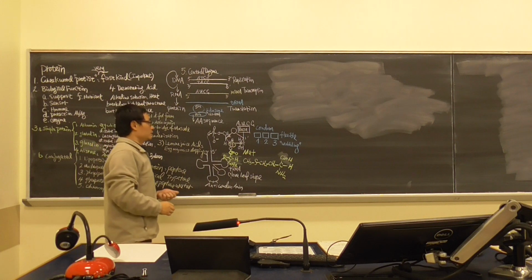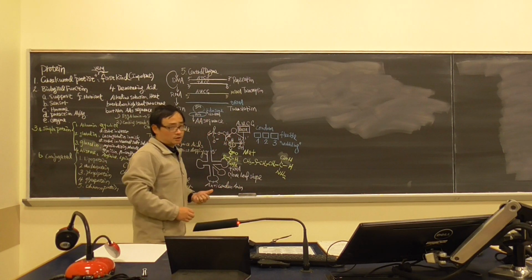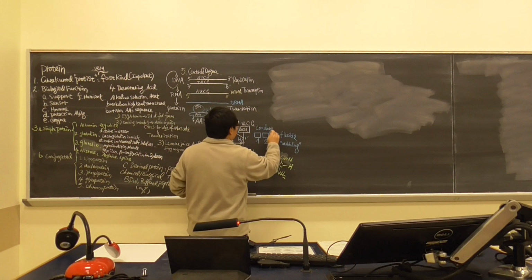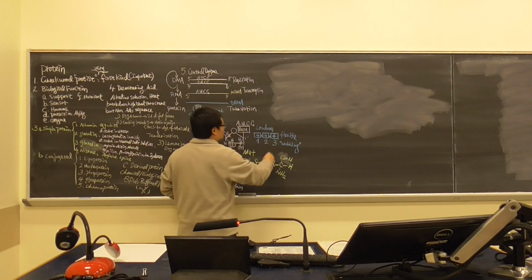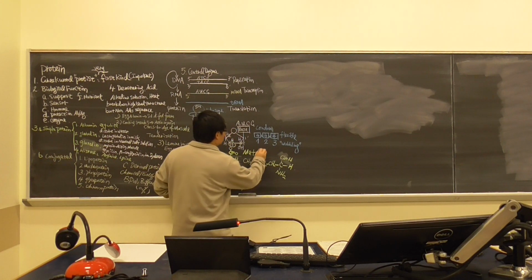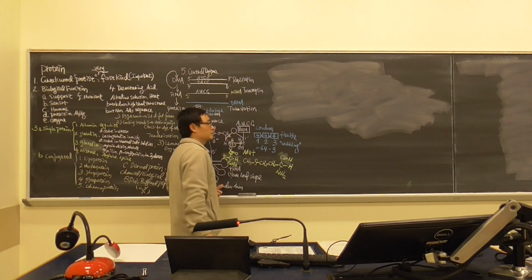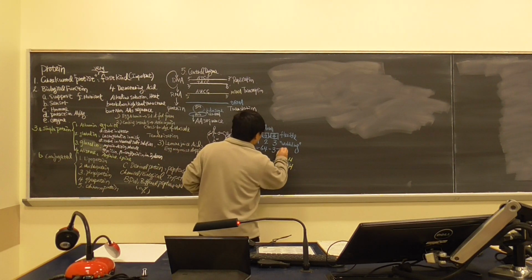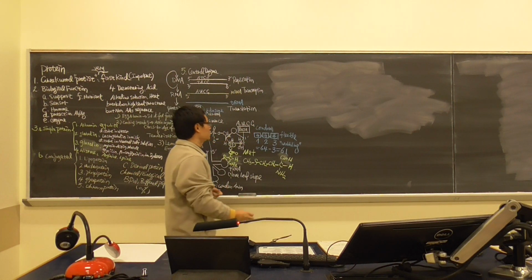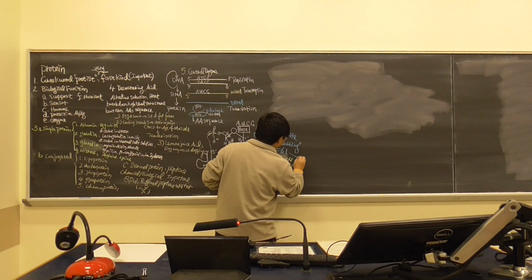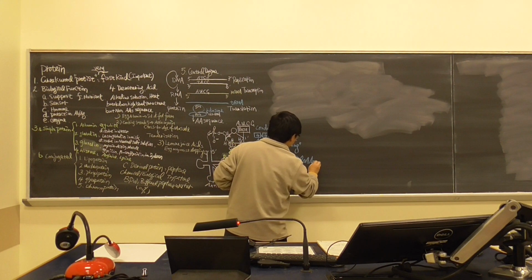Okay, and how many genetic codons do we have? We have 4 here, 4 here, and 4 here possibly. So we multiply together, which equals 64. However, we have 3 stop codons. So we actually only have 61 genetic codons, and these 61 are responsible for translating 20 amino acids.